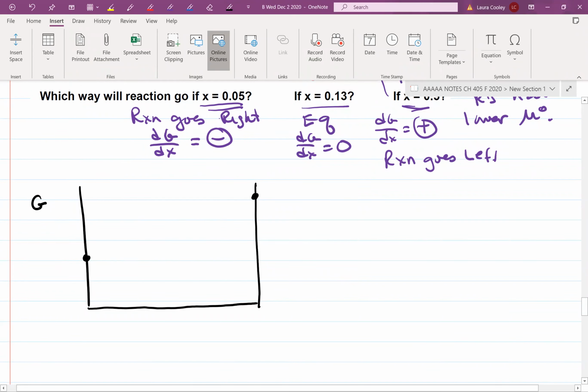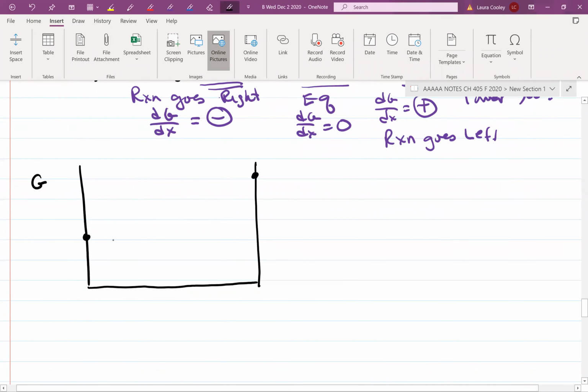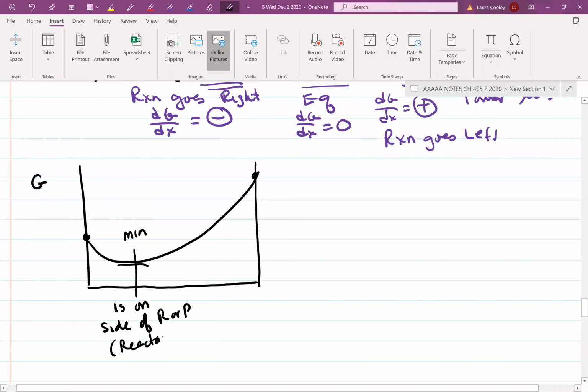So mu B 0 or mu A 0. So in this case, see, here's my minimum. It's on the side of the reactant, in this case, with the lower mu 0, right? Mu A 0, mu B 0, for example.